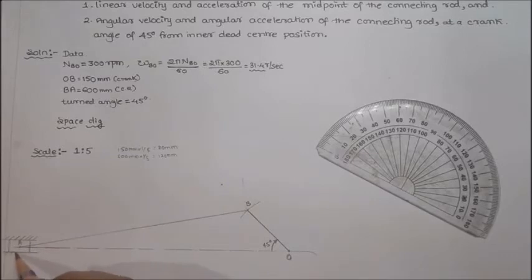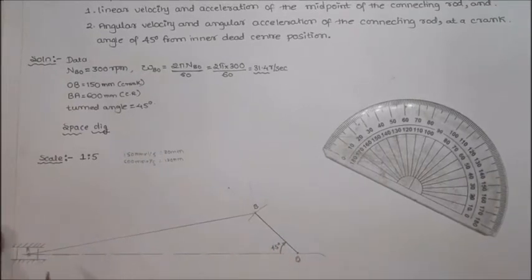At this slider point we are having velocity, so at this particular point we are having the linear velocity of piston A from here to here.